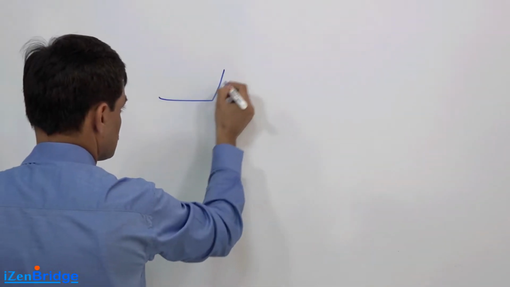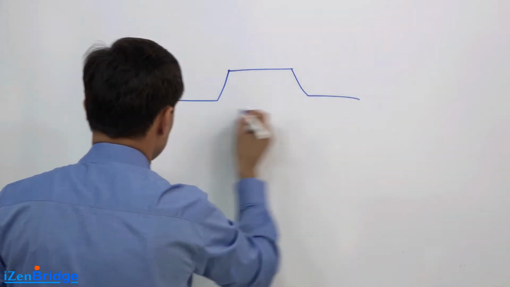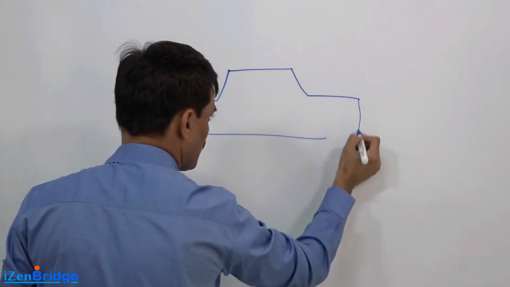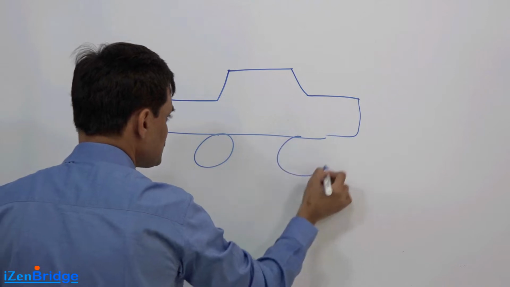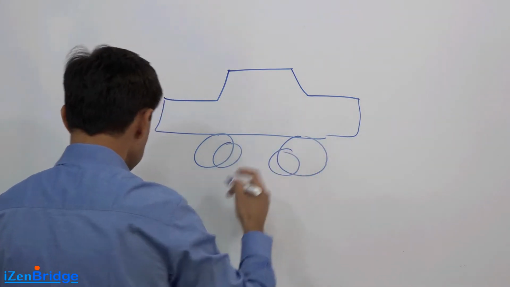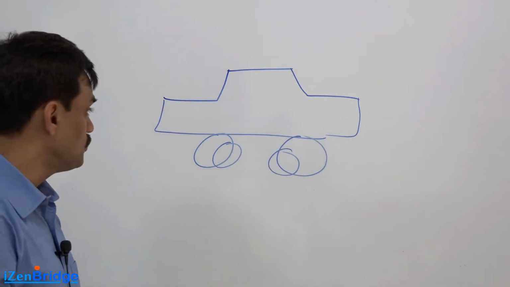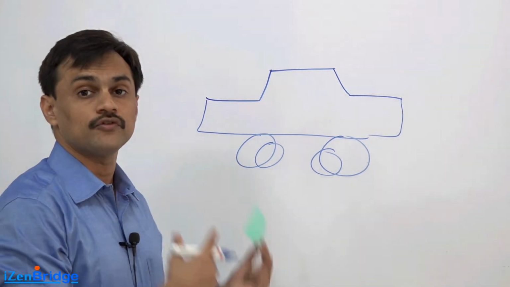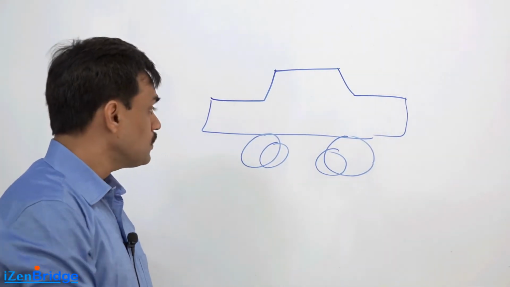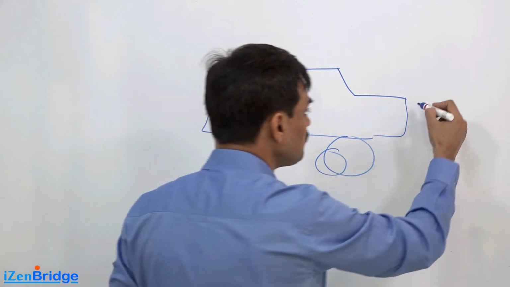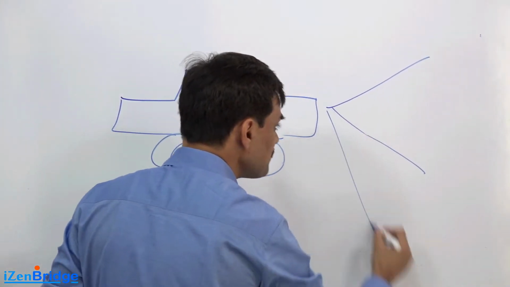Now you may see a car in front of you and think, okay, this is a car, and it has a set of characteristics which will fulfill the requirement from a car. In the market, you find different kinds of cars, different segments of cars.